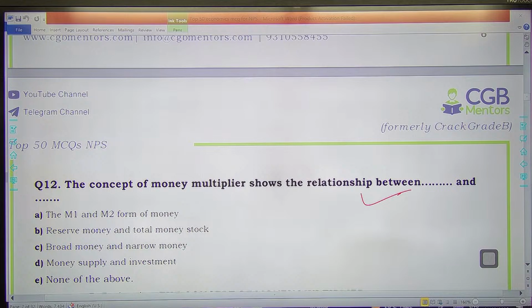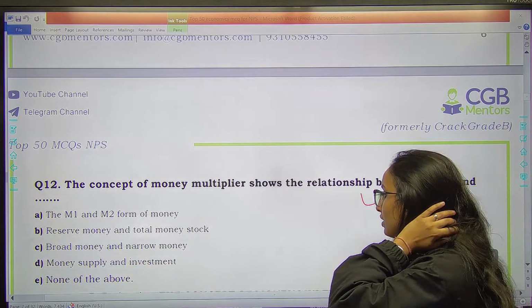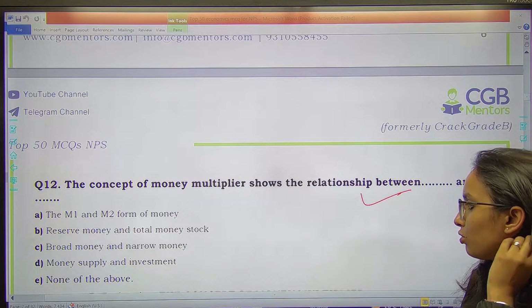Question number 12: money supply and investment, broad money, reserve money and total money stock.